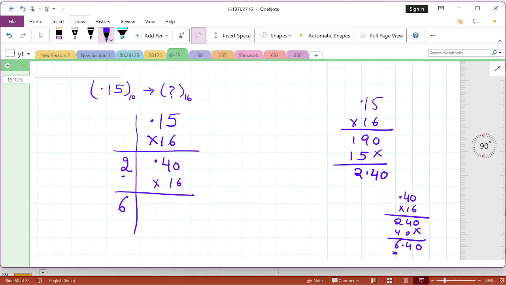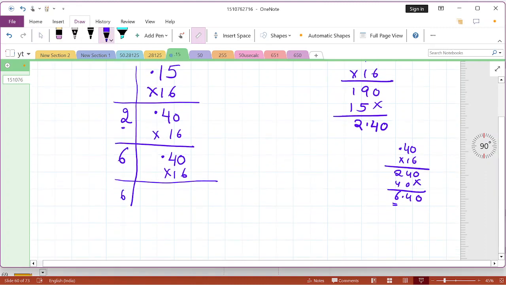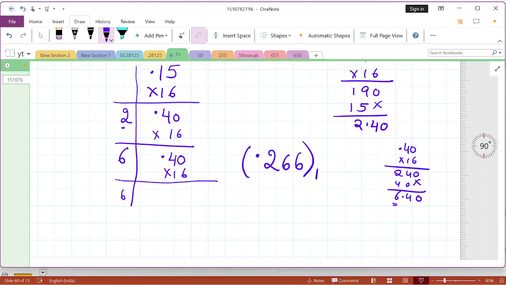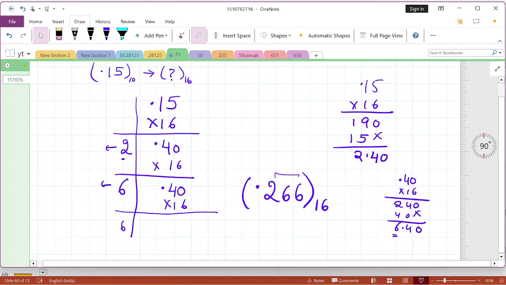We will take it on this side, and this is our number 0.40. Now, if you multiply again with 16, this pattern is going to repeat. So you can just find your answer up till 3 decimal places. So 0.266. The hexa equivalent of 2 is 2 and the hexa equivalent of 6 is 6. So you can just leave your answer till 3 places, right? So this was an example of an infinite fraction.